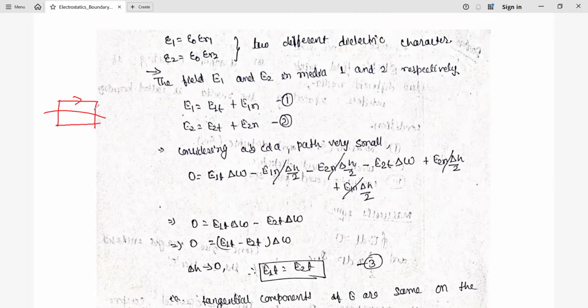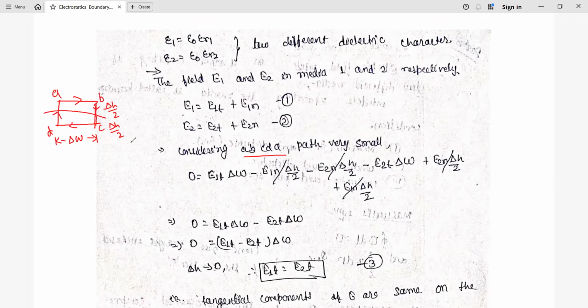We are considering one direction, clockwise, so the path is A, B, C, D, A. In medium 1, this is delta H by 2, from here to here, and from here to here we again have delta H by 2, and this width we have taken as delta W. Considering the path ABCDA, finally, by using Kirchhoff's voltage law, which you know about, the sum of the total potential is going to be equal to 0.